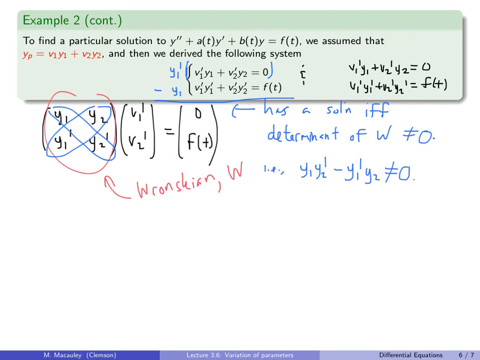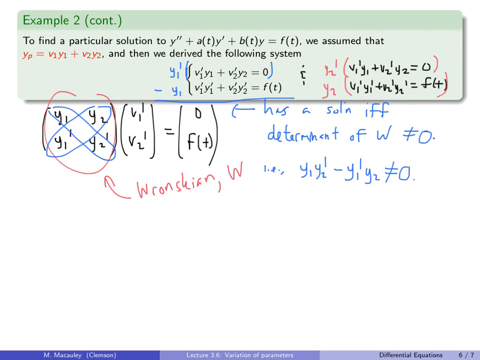If you want to get rid of these terms, you multiply this top term by y2 prime and this bottom term by y2, and you subtract. Then you eliminate y2 and you solve for v1.